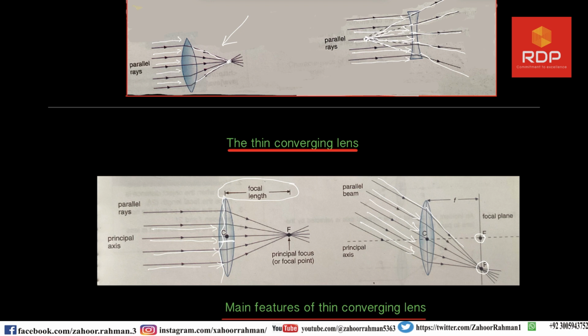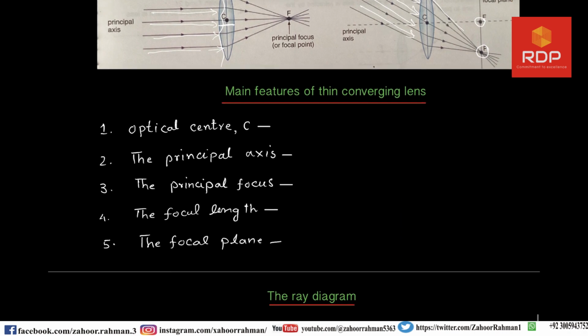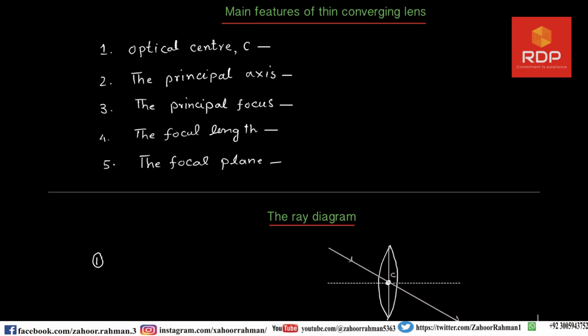P is the principal axis. We will see what the principal axis is in the next topic, which is known as the main features of the thin converging lens.